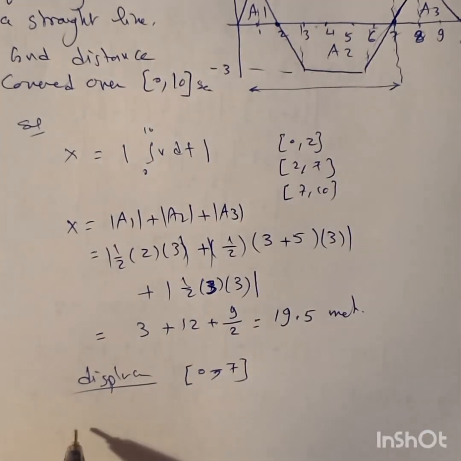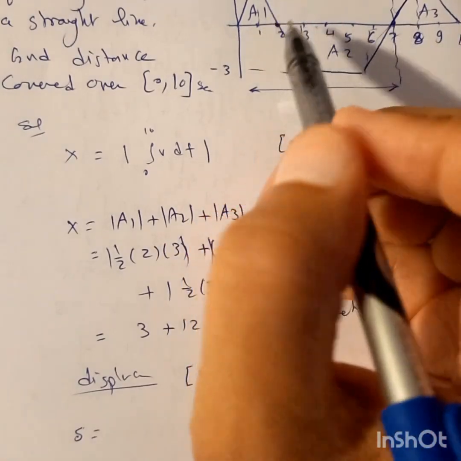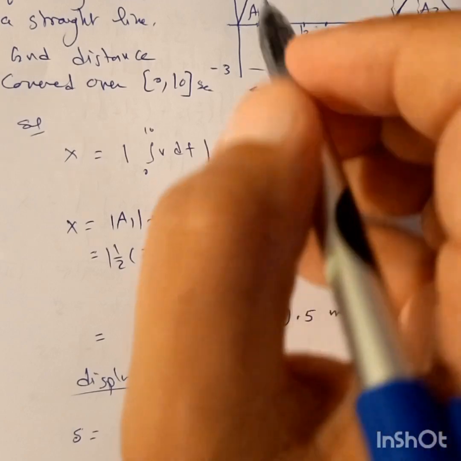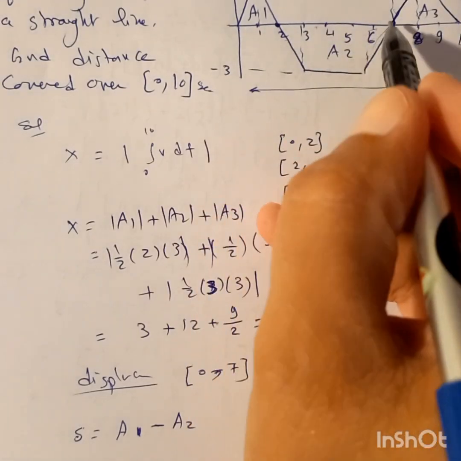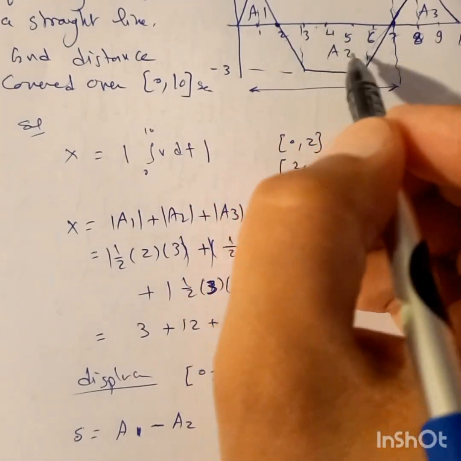Then displacement S equals the area under the curve during 0 to 7, each sub-interval with its sign, positive or negative. Here we have A1 positive, minus A2. Here the curve is drawn under the x-axis, so we'll use area A2 as negative.